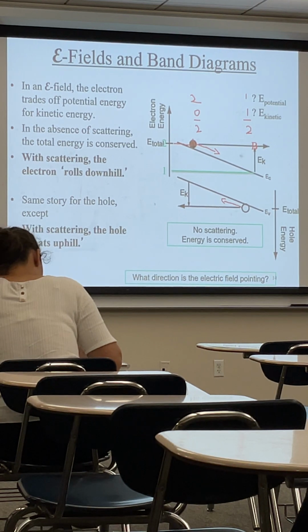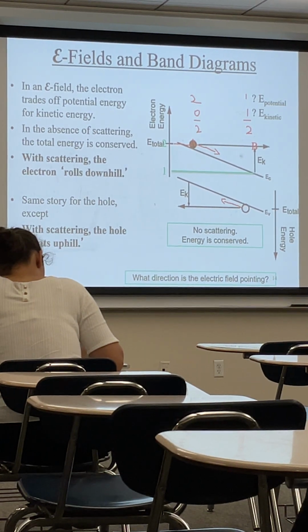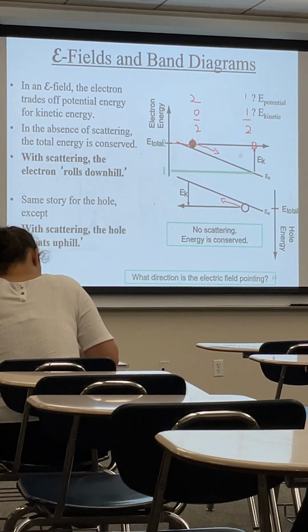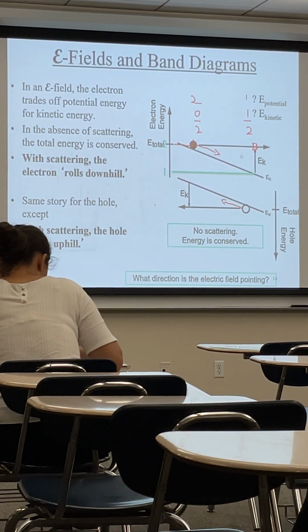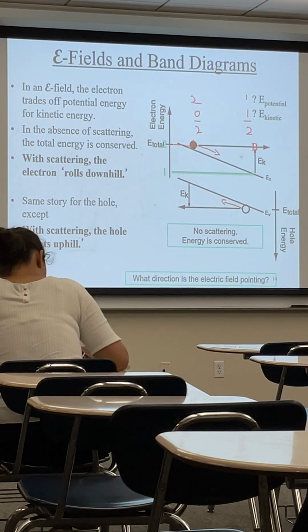And here, what's the direction? Is the electric field going in? Going to the left. Right, how to determine this? How can you tell it's pointing to the left? Because the electron is going to the right side. Yeah.